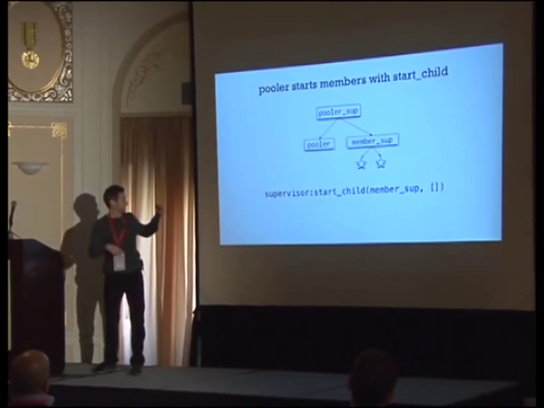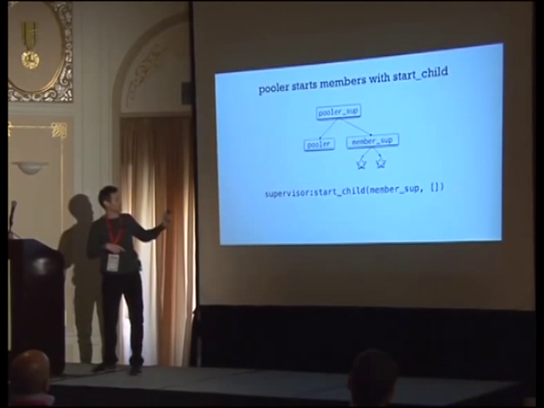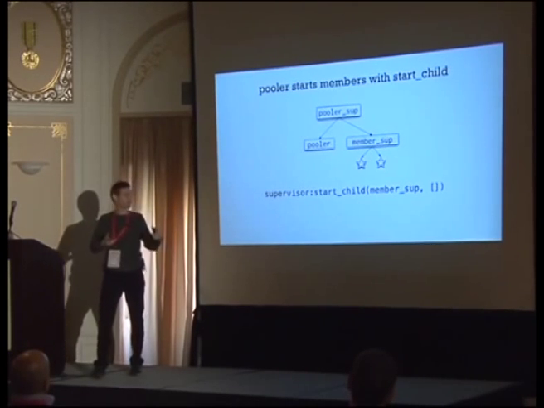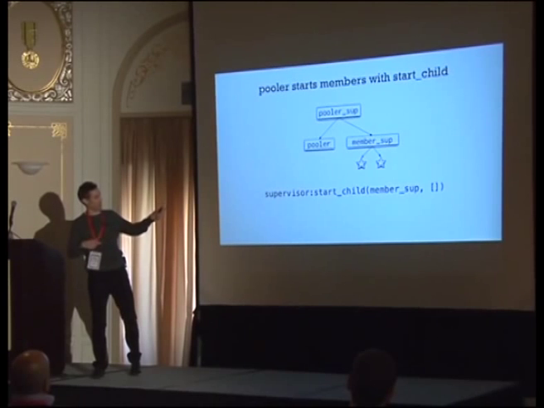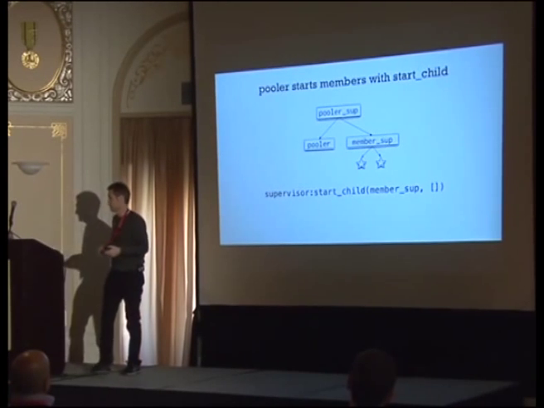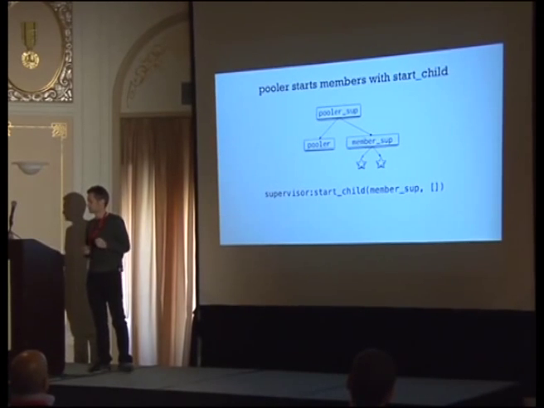And then inside pooler, when you want to add a member to the pool, pooler calls supervisor start child and talks to that member supervisor, and that creates a member, and that's great.